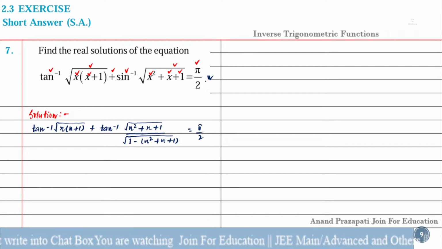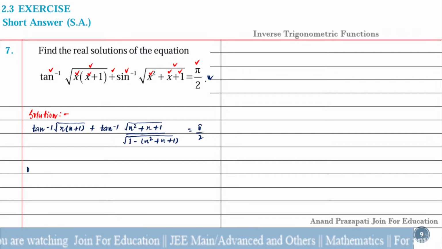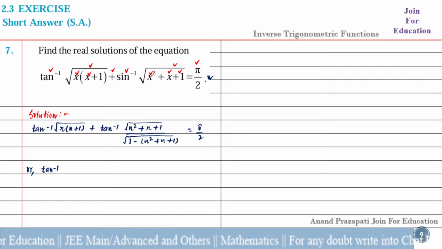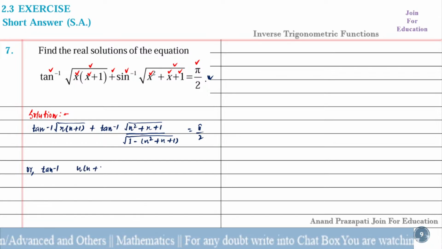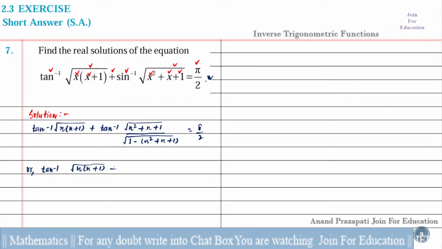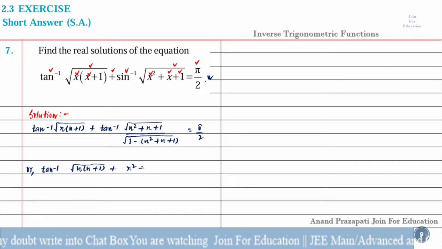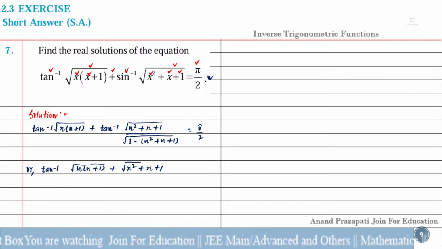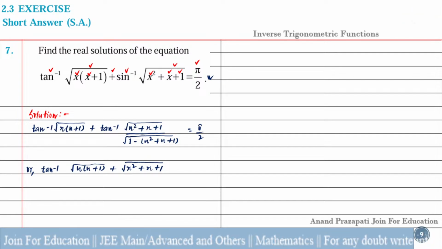Now we use here tan inverse x plus tan inverse y. According to this formula, tan inverse of x plus y means x into x plus 1 over root plus x square plus x plus 1 over root, and this one we cancel out plus 1 minus 1.